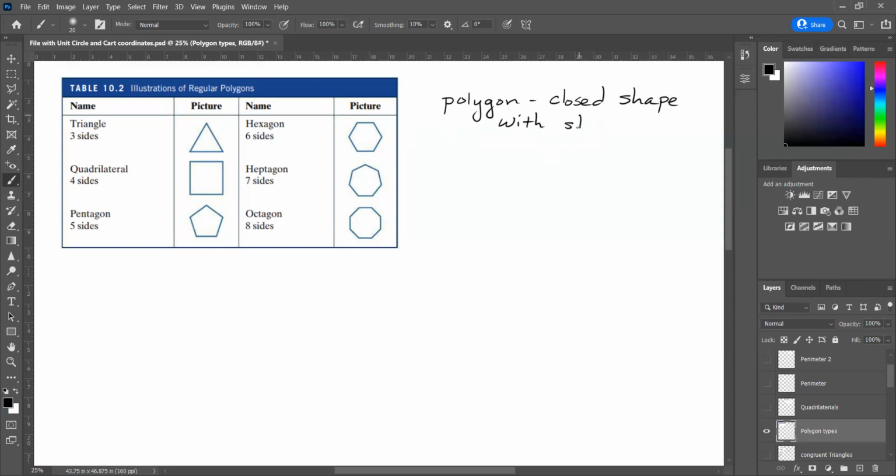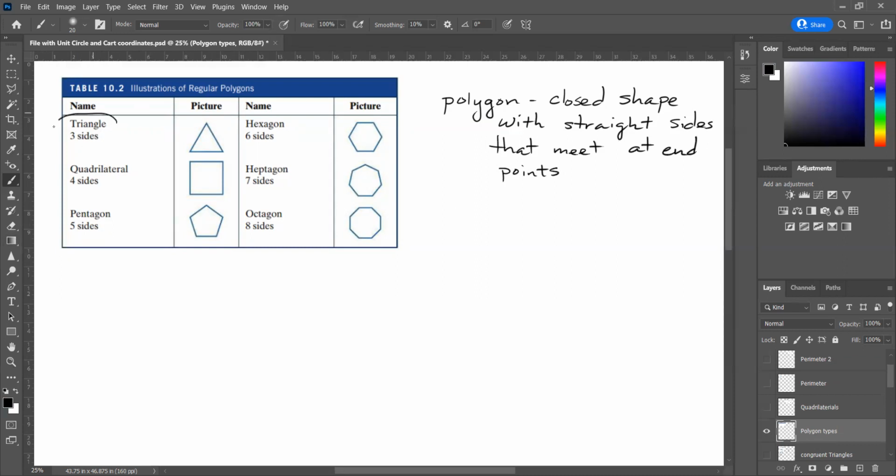And these straight sides all meet at their endpoints. That really well defines what we're looking at. So a circle would not be a polygon because it doesn't have straight sides. But these polygons that I have on the screen do have straight sides, and they all meet at the endpoints there. And we name them based on the number of sides.